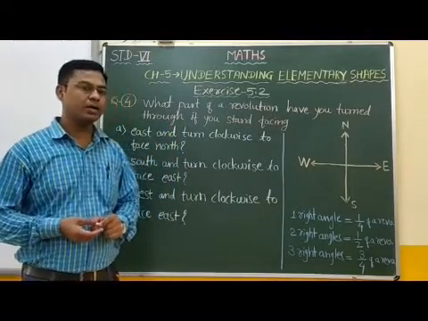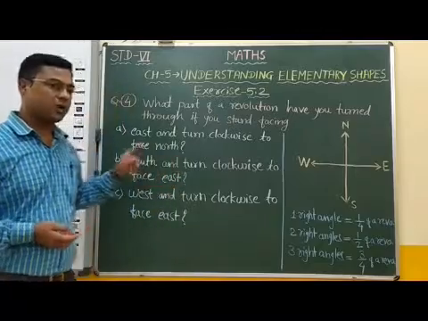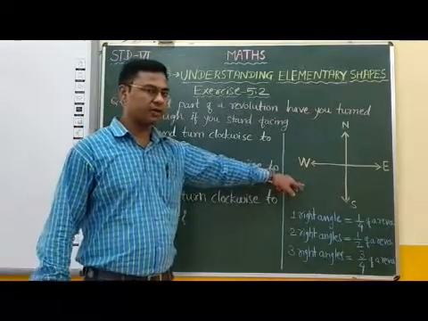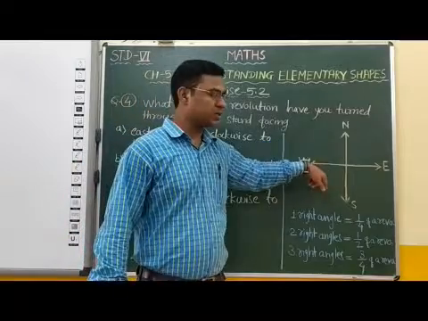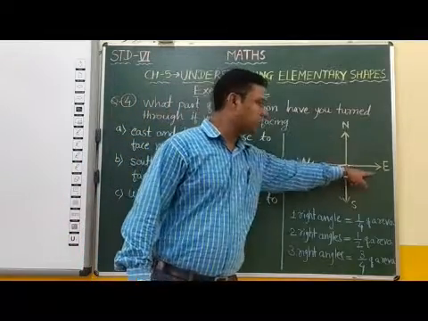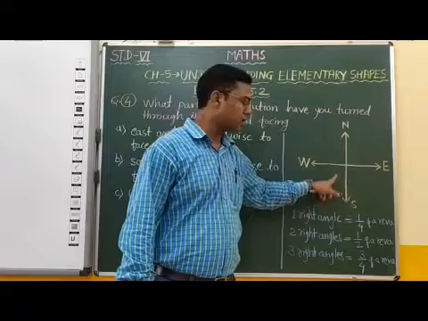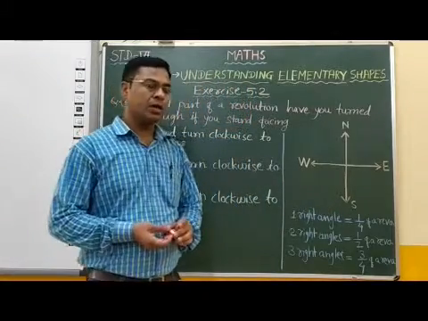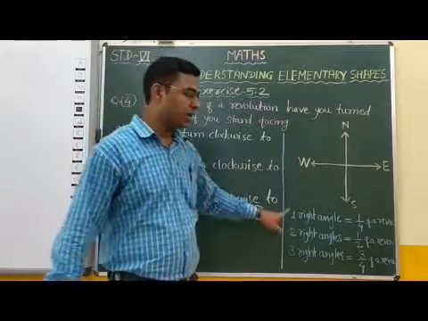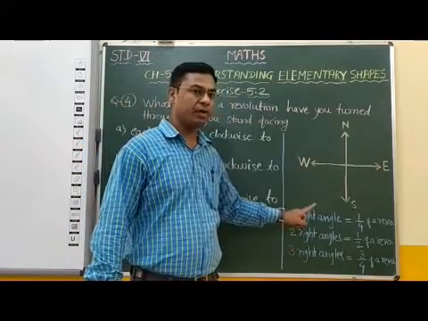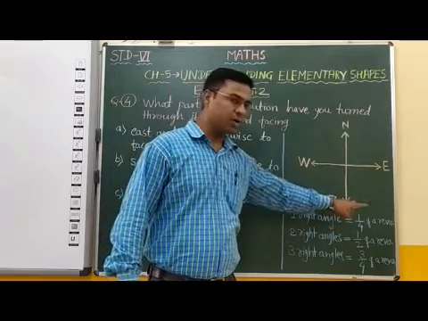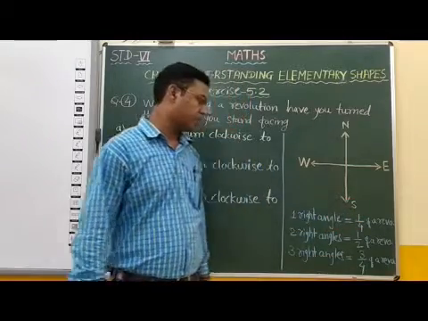Now to understand the answers of these questions, I have drawn here a figure of directions: north direction, east direction, south direction and west direction. And I wrote here the relation between the number of right angles and the fraction of a revolution.